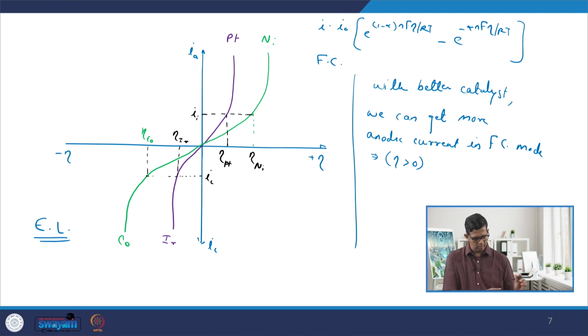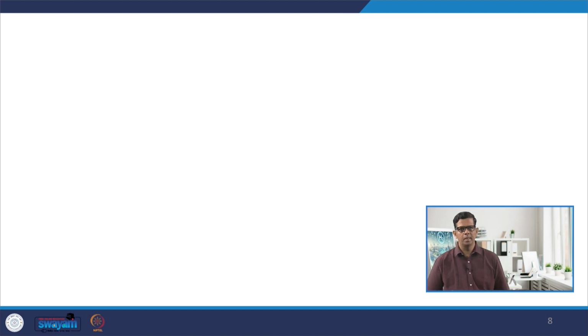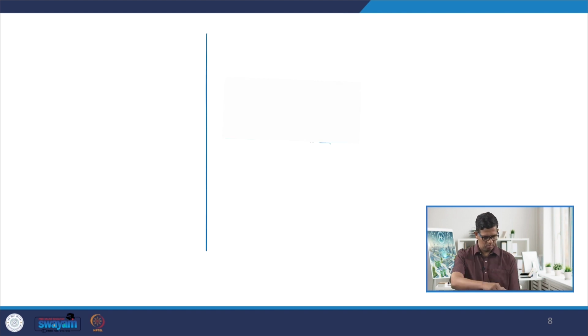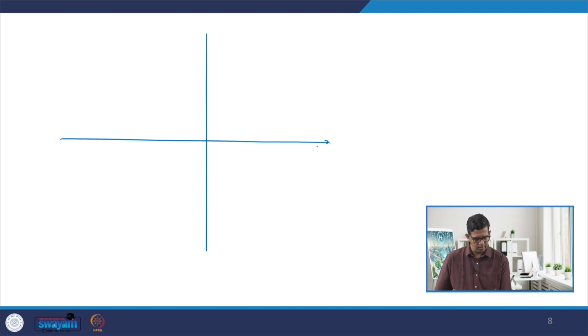Let us move on. We have seen how the electrocatalyst plays a vital role in reducing the overpotential. Let us have a quick look at how the transfer coefficient alpha also plays an important role. So, let me draw that. Again, the same axis we have used: this is positive eta, this is negative eta, which means this is your electrolyzer quadrant, the third quadrant, and the first quadrant is the fuel cell quadrant.